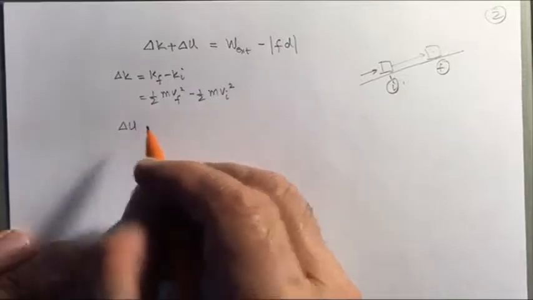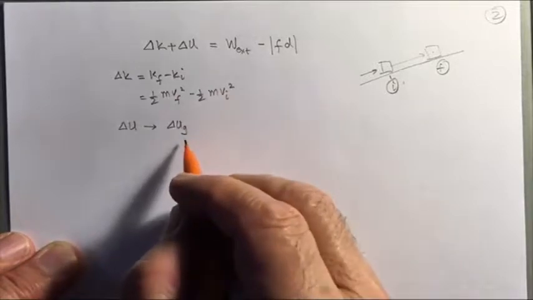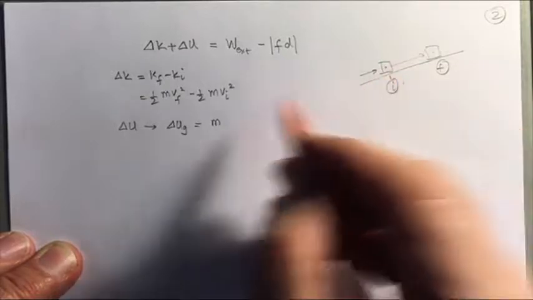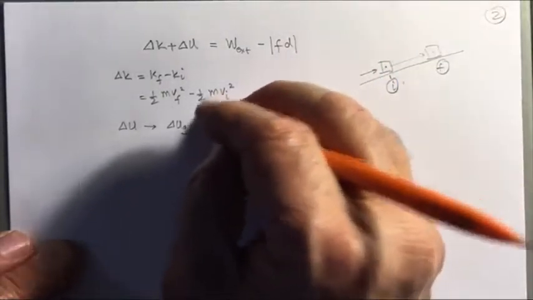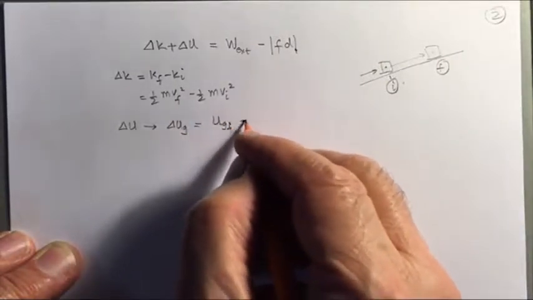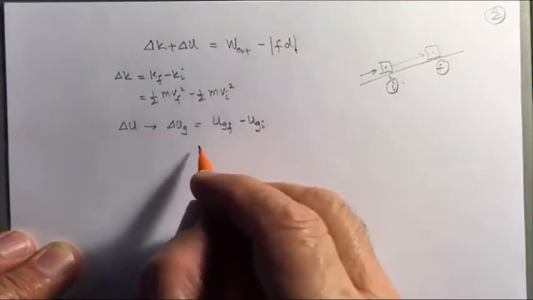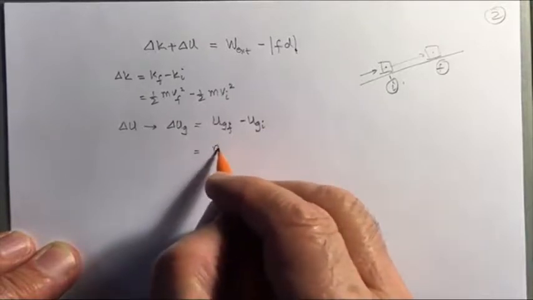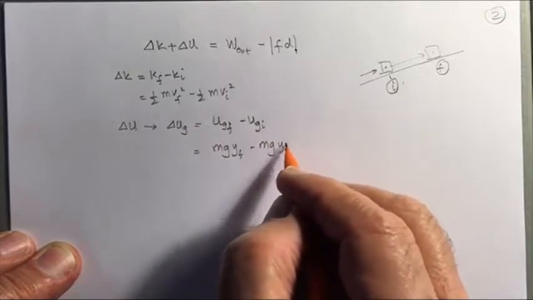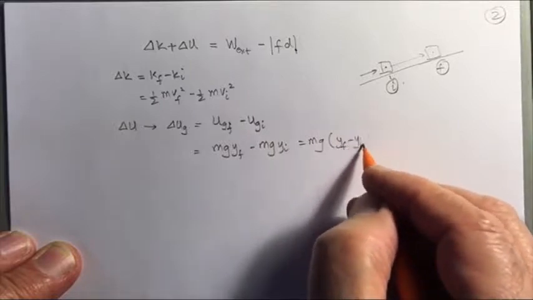The delta U can be of two kinds. We have delta UG, which is the gravitational potential energy, and this is the initial position, so it's going to be the UG final minus UG initial. We always take the final minus initial, and this would be MG Y final minus MG Y initial, or we can write it as MG times Y final minus Y initial.